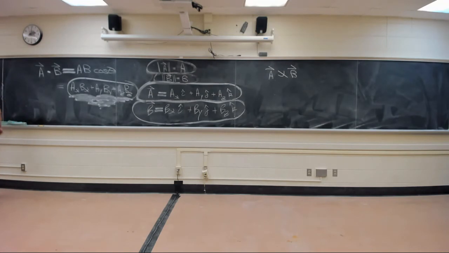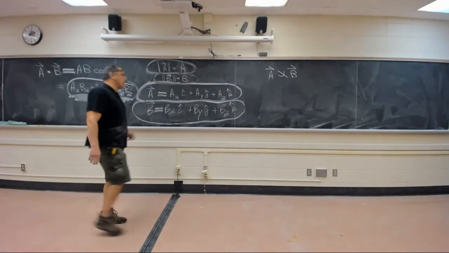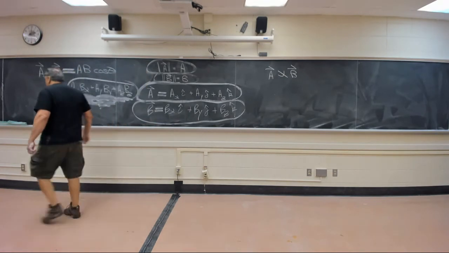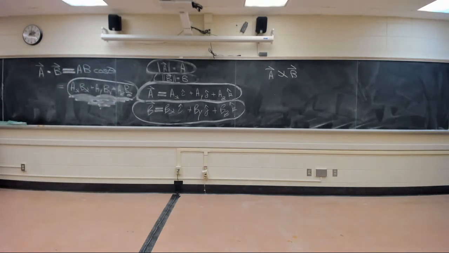The cross product is a right-handed system. Let me write it down a little bit and let's see what we can say about it.